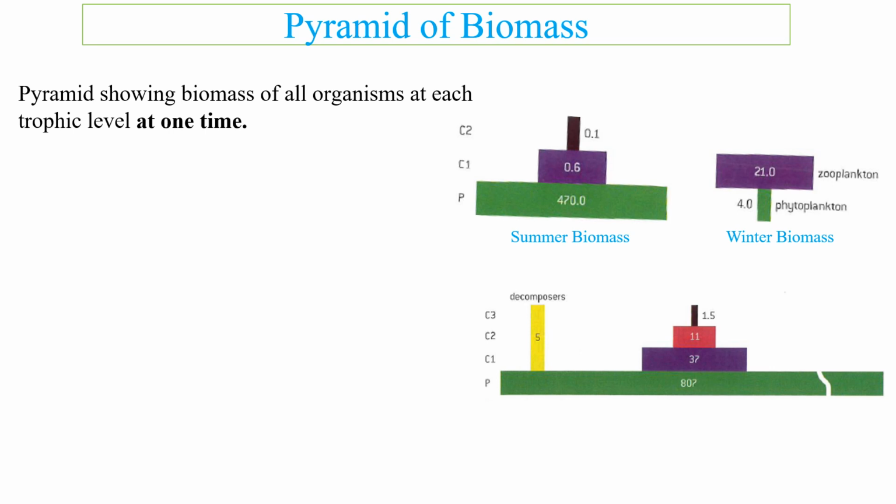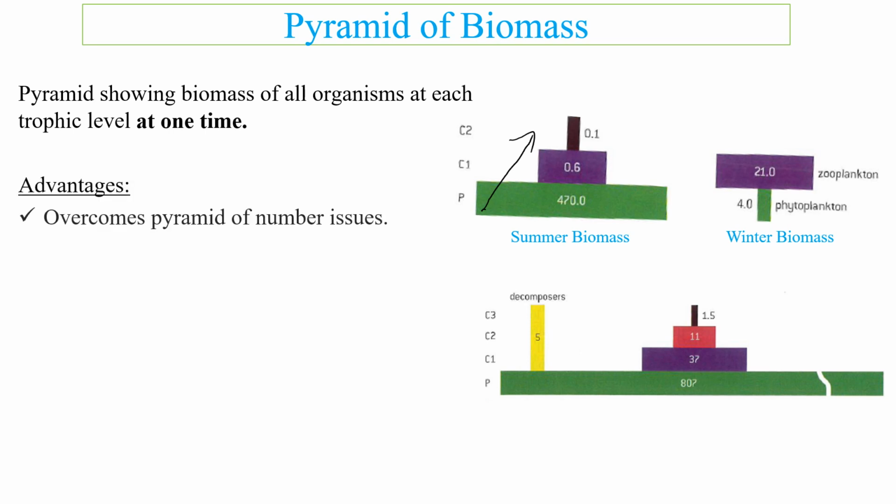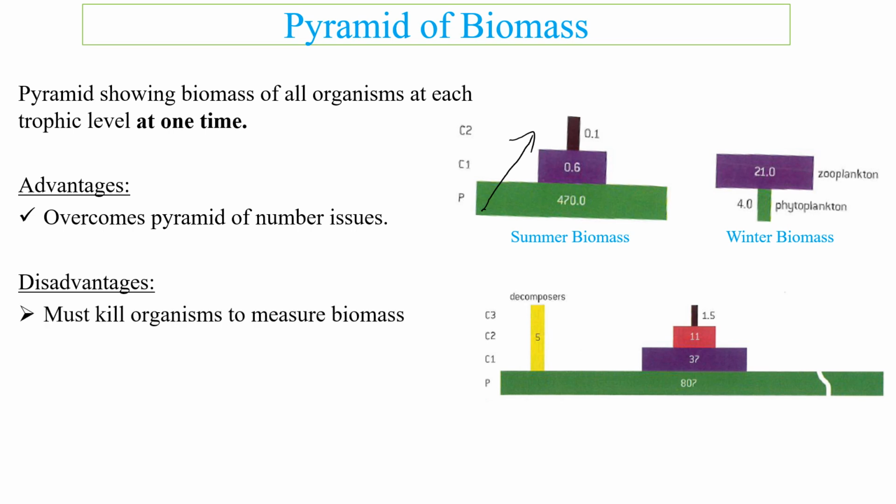So we tend to use pyramids of biomass, which is the total living mass, which is what biomass means, of all organisms at each trophic level at one time. Traditionally you'd be told that this is a really good thing because the biomass always decreases in a food chain. But that doesn't take into account changes with seasons.